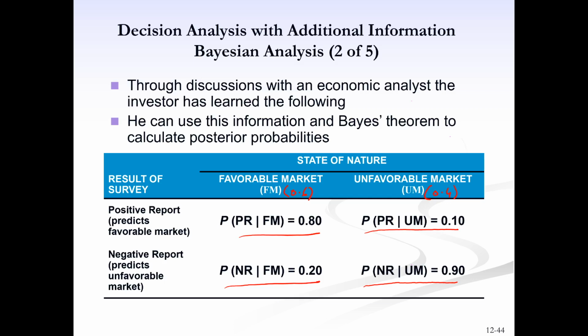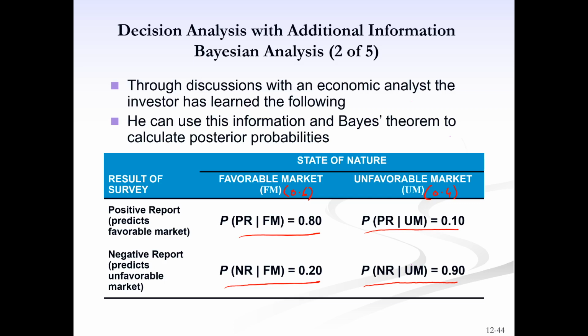And then for these reports, we said that maybe 120 out of 150 were positive reports, and about 30 of them were negative reports where the favorable market occurred, and when the unfavorable market occurred, negative reports were 90% correct and 10% were incorrect.